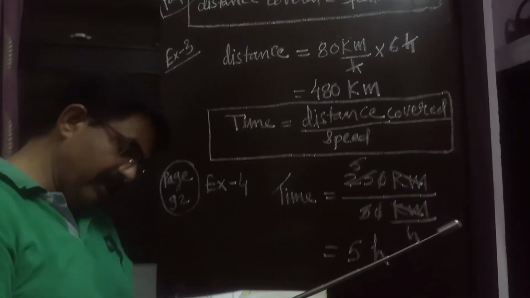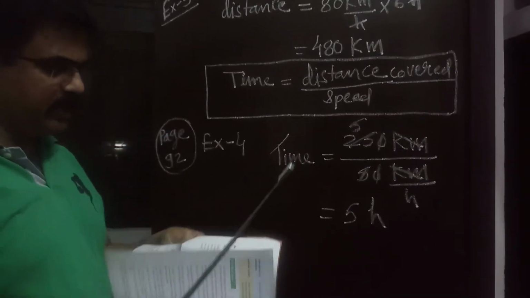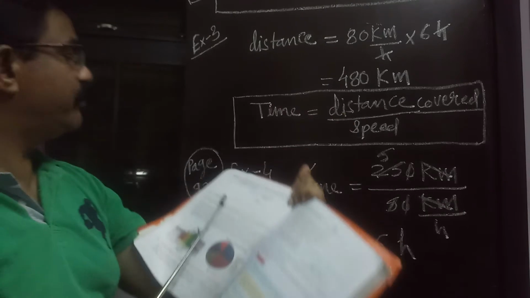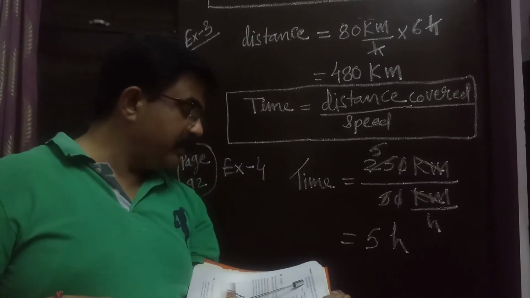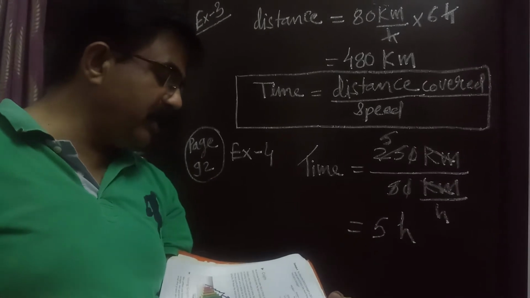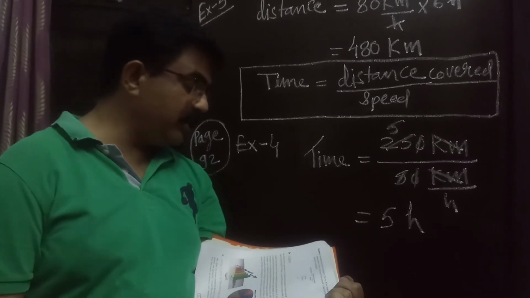On page number 92, there is another example. I am reading. The distance from Delhi to Chandigarh is 250 kilometer. A bus travels at an average speed of 50 kilometer per hour.